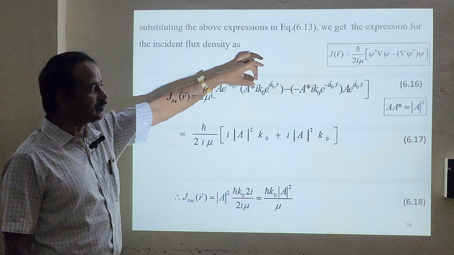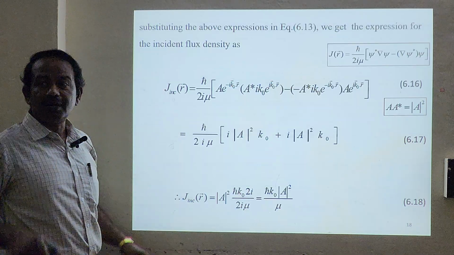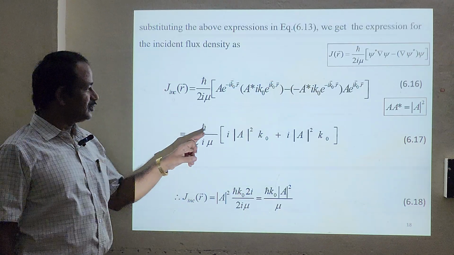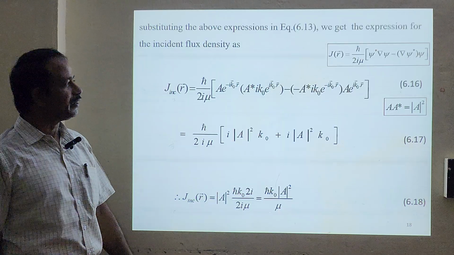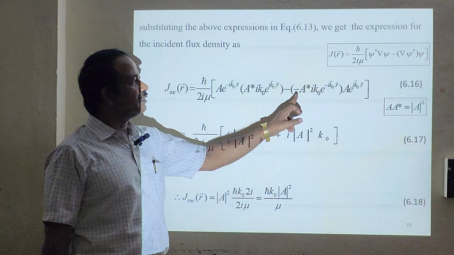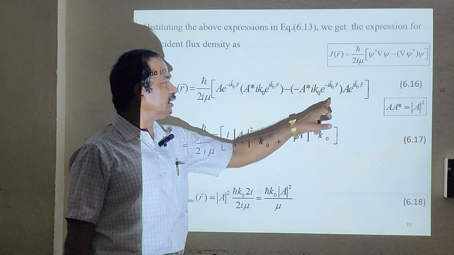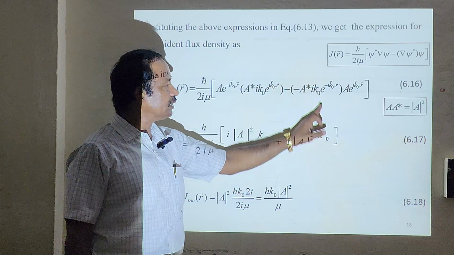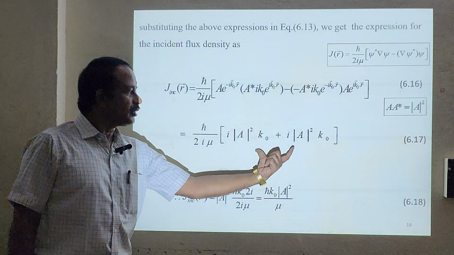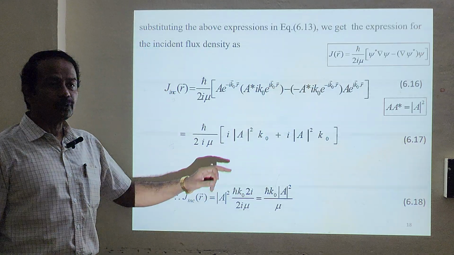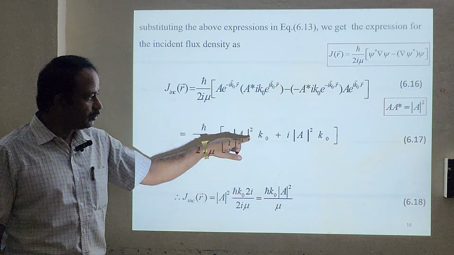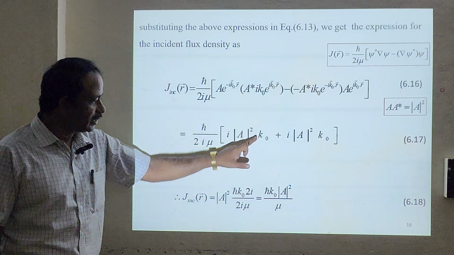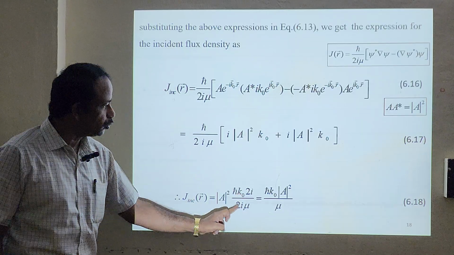The remaining term will be a star times a, which is mod a square, which you have learnt already, and your i and k naught are here. Minus plus. Add these two, that will give you 2i mod a square k naught. Your h bar is here, divided by 2i mu.